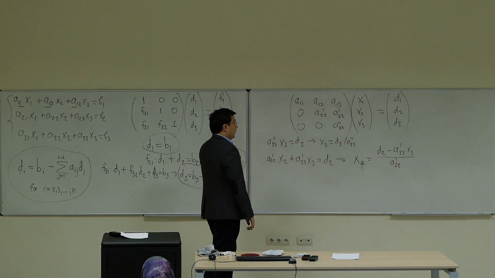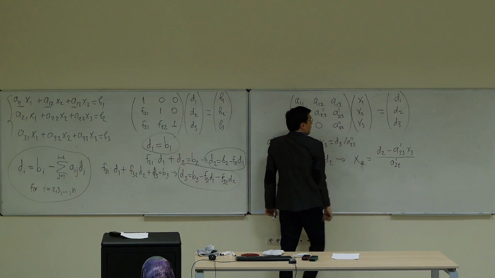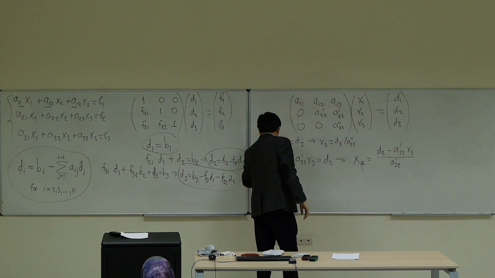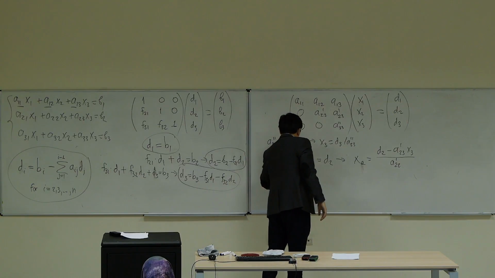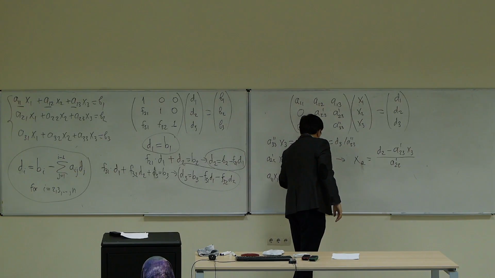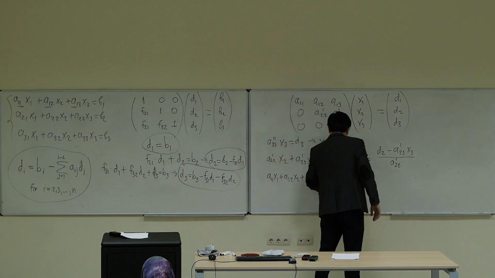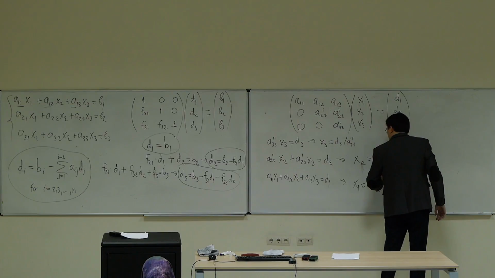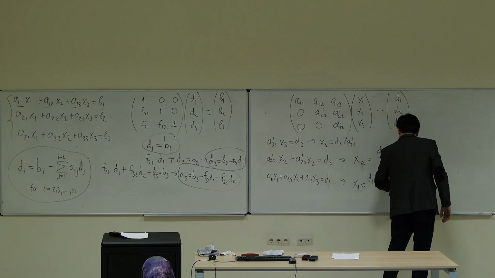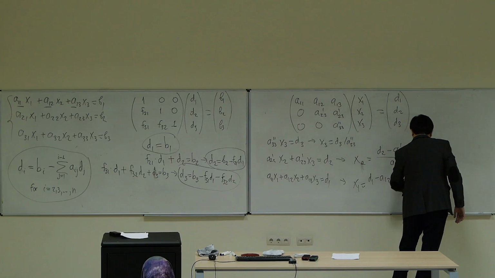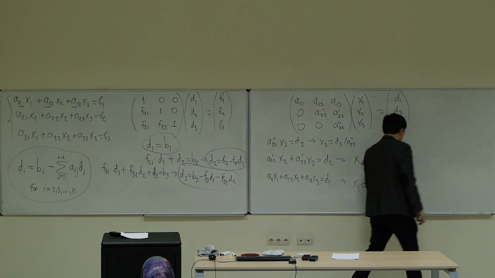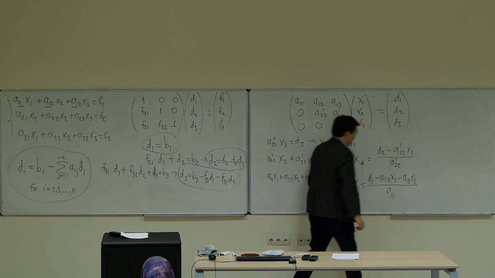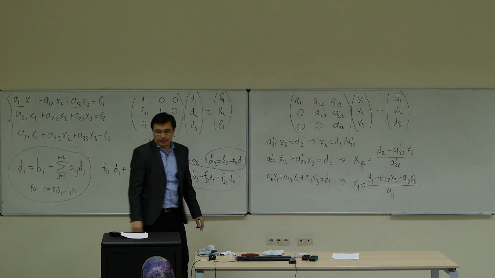Very good. Now we have to find x1, for which I equate this element to the corresponding element on this side. A11 x1 plus A12 x2 plus A13 x3 is equal to d1. From this, x1 is d1 minus A12 x2 minus A13 x3 divided by A11. Okay, I found it.